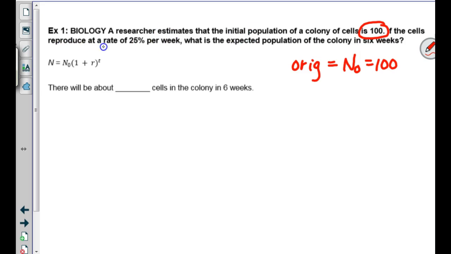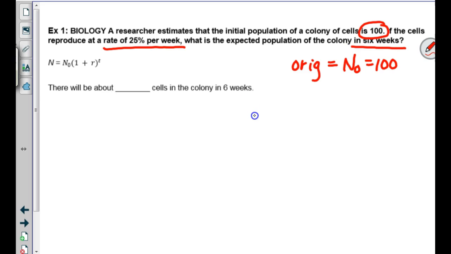If the cells reproduce at a rate of 25% per week, what will happen in 6 weeks? T doesn't have to be years in this formula as long as it matches the rate at which it's growing. So if it's growing per week and we want in 6 weeks, then we're good. If it said per week and you want in 5 years, then you're going to have to make it weeks so that the 2 units agree.